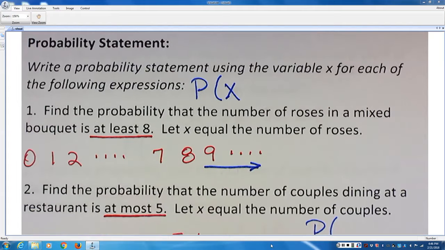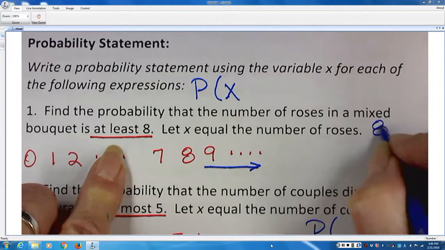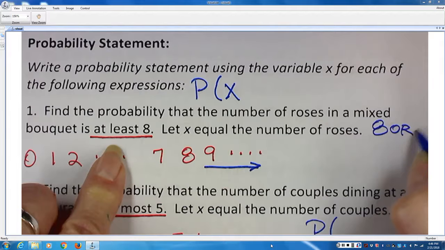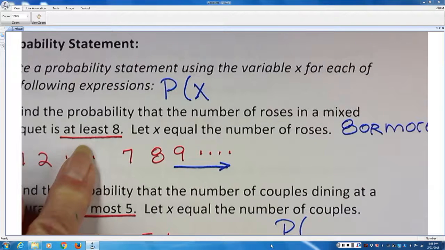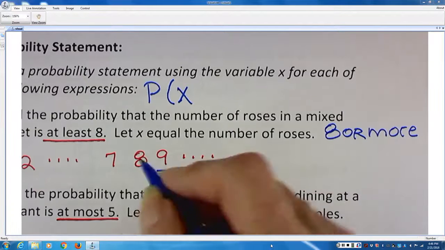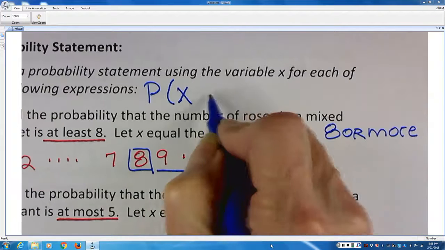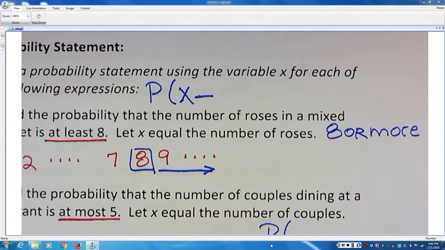8 is not the top number. At least means it's at the bottom. Okay? At least also means it includes. It is the same thing as saying 8 or more. Okay? So since it includes 8 and it goes up, if it includes, there's going to be an equals to.